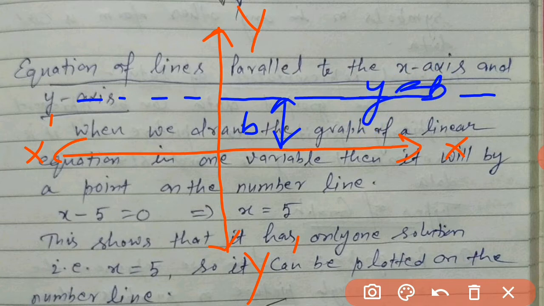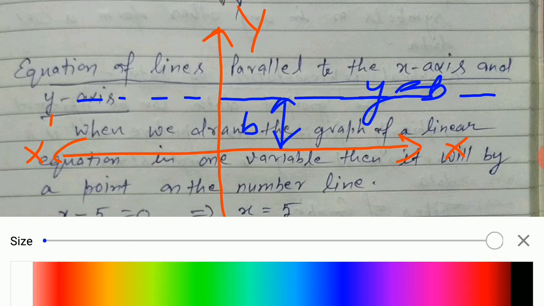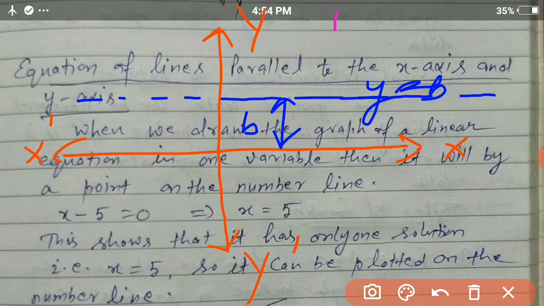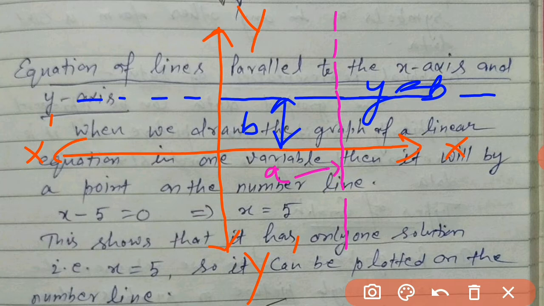And the equation of a line parallel to y-axis: this is the y-axis, and suppose this line is parallel to the y-axis at a distance a from the y-axis. So the equation of a line parallel to y-axis is x equal to a.